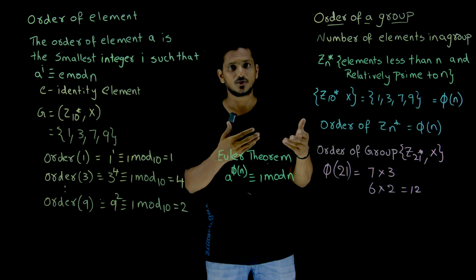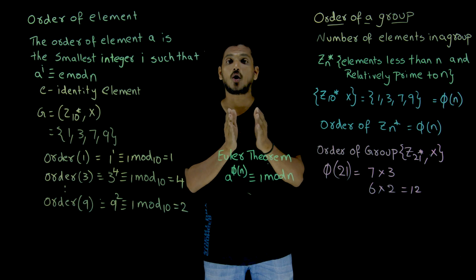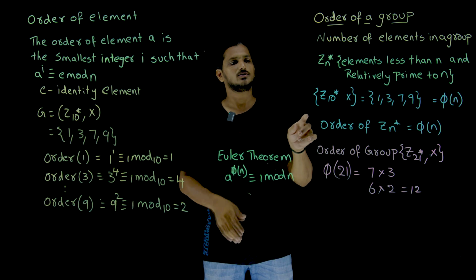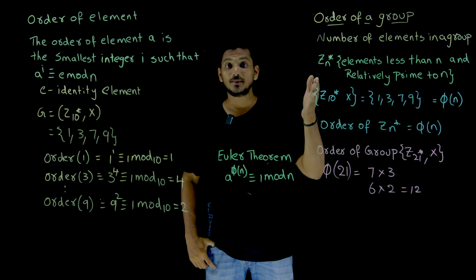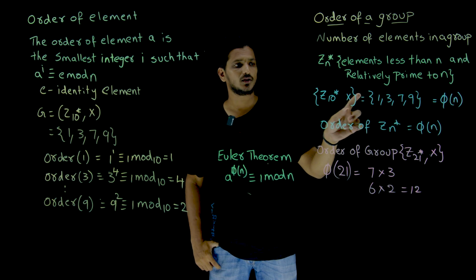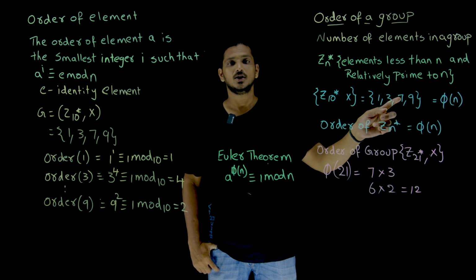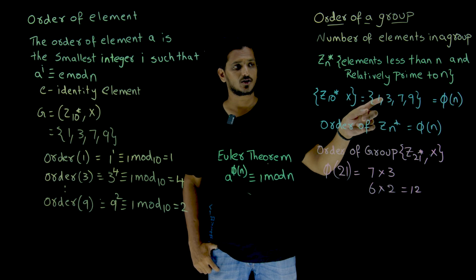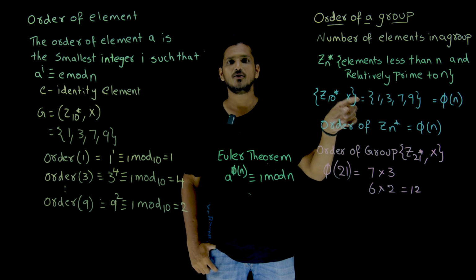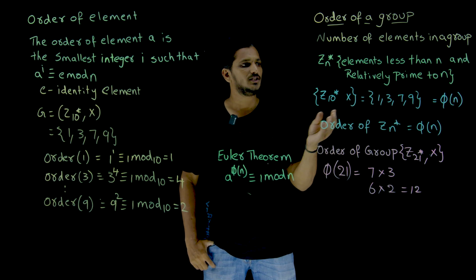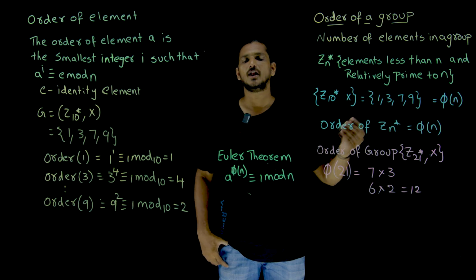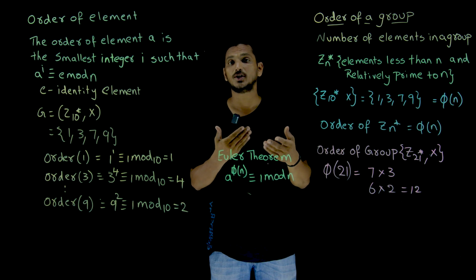So for these groups, we are going to identify the order of a group. Z10 star means the elements that are less than 10 and relatively prime to 10: 1, 3, 7, 9. So the order of this Z10 star group is 4. This is what we call phi of n, Euler's totient function.